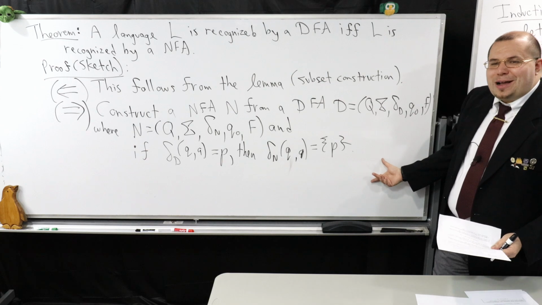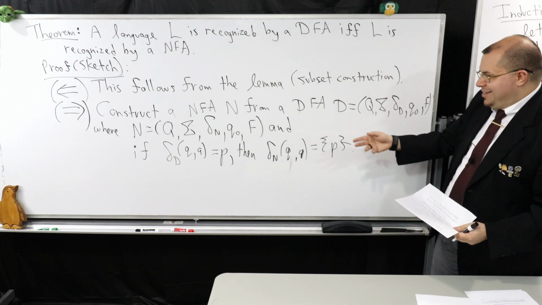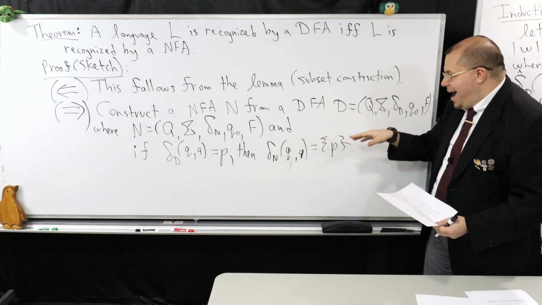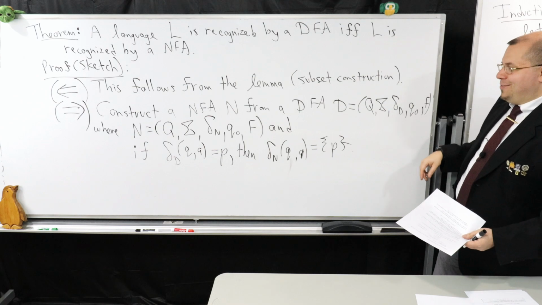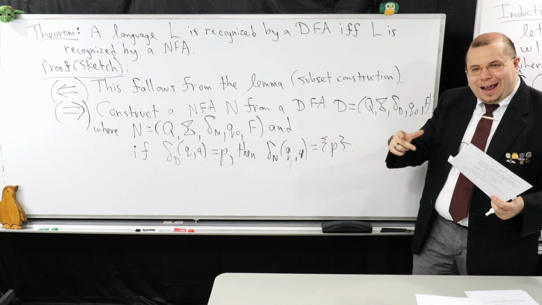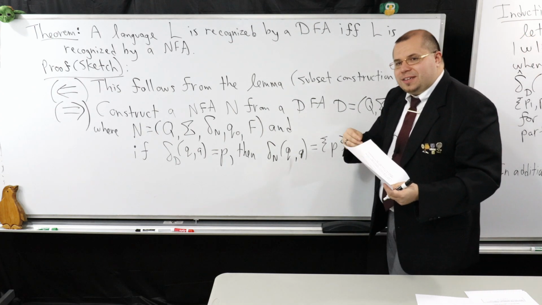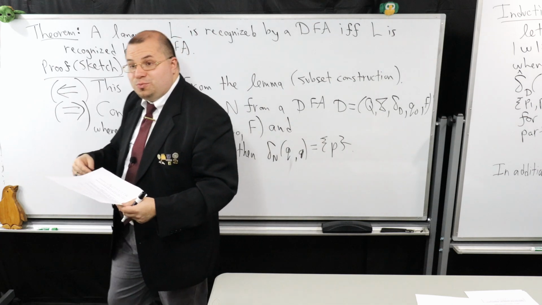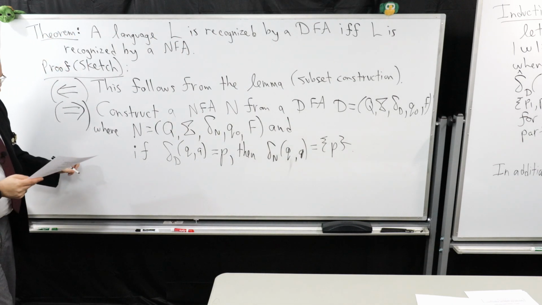So this is what I mean by wrapping. You take what you have and wrap a set around it. Whenever you have a transition in the DFA, all you do is put curly braces around what that should be for the NFA, because remember, the NFA returns a set of states as opposed to just one state. That's all you have to do, believe it or not.